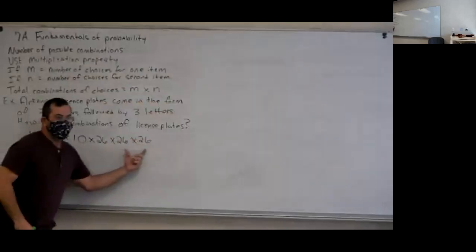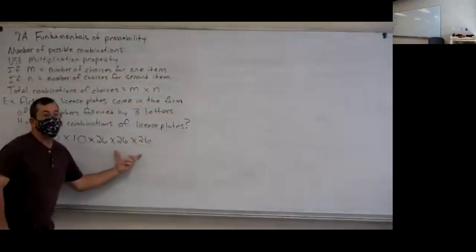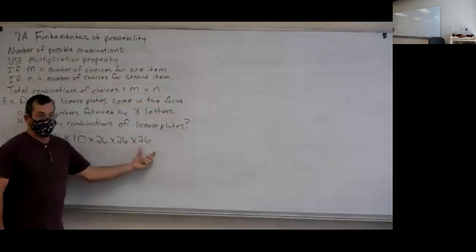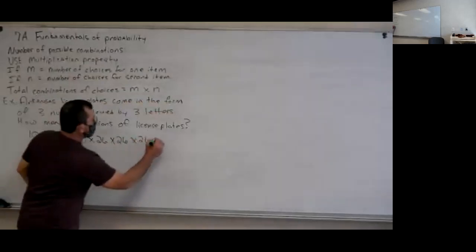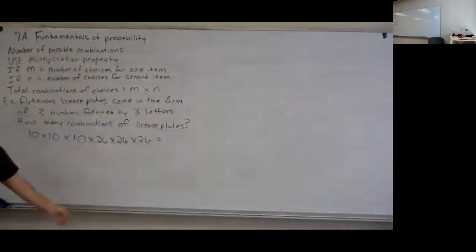Now, these could all be AAA, it could be ABC, it could be anything, but I've got 26 choices for each of those slots. So to get my total combinations, we're going to multiply all these up. Now remember, there's roughly 3 million people in Arkansas, so let's see if we've got enough license plates for all of our people.